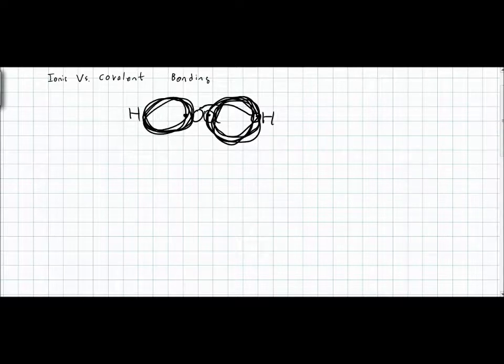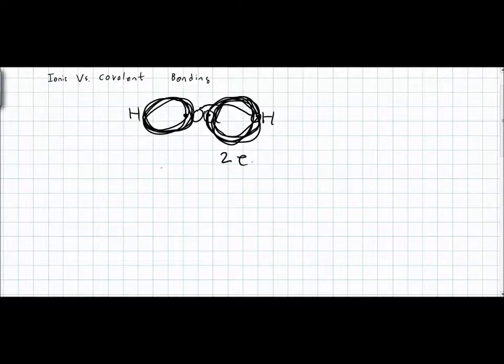Because these electrons, they are not given like ionic bonds, they are shared. It is very important to remember that word shared. Covalent bonds share their electrons. They share electrons to form a pair. It takes 2 electrons to form a pair.